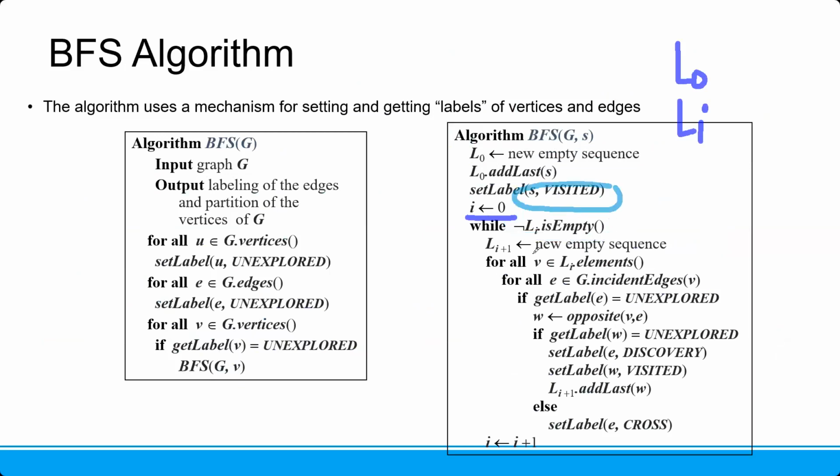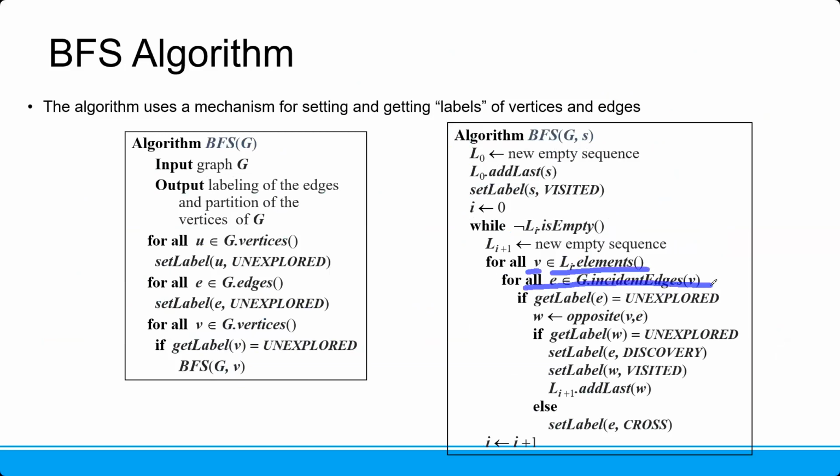So if Li is not empty, then we will do this. We will start with an empty sequence and then check all the vertices V in the list. For each V, we check whether it has incident edges.